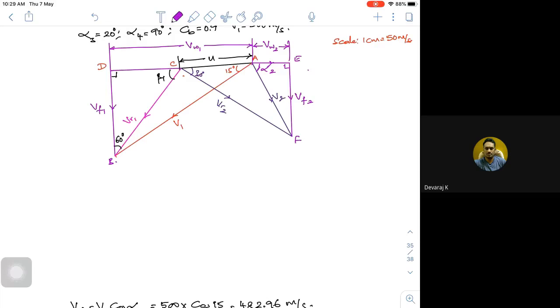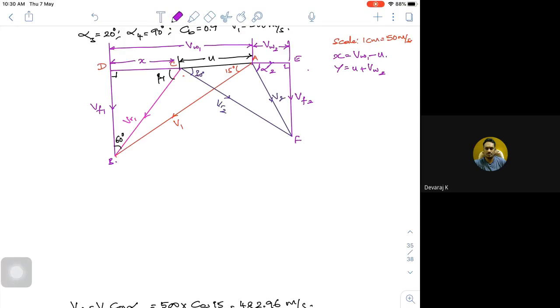Then I can find this particular one. U plus VW2, if I call that y, so y is equal to U plus VW2, and if I call this x, then x is equal to VW1 minus U. So I know the value of U. If I take cos 30 equal to U plus VW2 divided by VR2, I know the value of U, I know VR2, so I can find VW2.